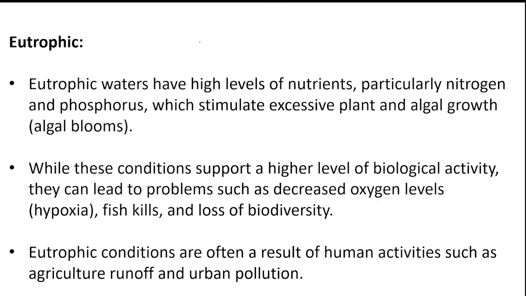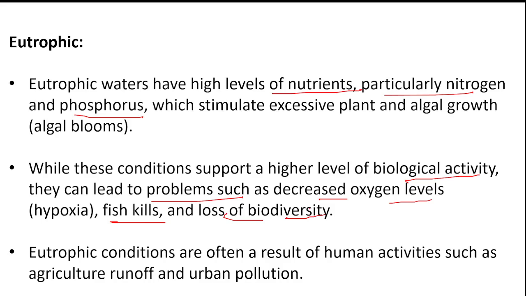Eutrophic waters have high levels of nutrients, particularly nitrogen and phosphorus. What does it mean? More algal blooms, or more algae, will grow. While these conditions support a higher level of biological activity, they can lead to problems such as decreased oxygen levels. The oxygen demand in the water body will increase, and in that condition fish will be killed and loss of biodiversity will happen.